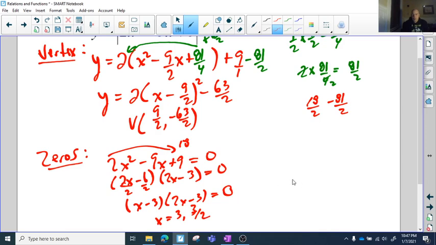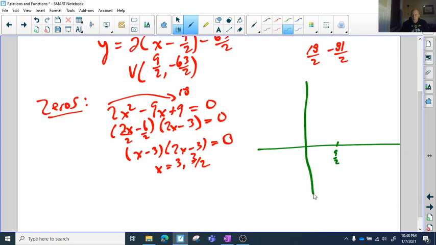Okay, let's graph this. And again, you don't have to worry about scaling it off. Just draw an estimate of where you think things would be. So 9 over 2, that's 4.5. So let's put 9 over 2 here, 4.5. Negative 63 over 2, let's put that down here.